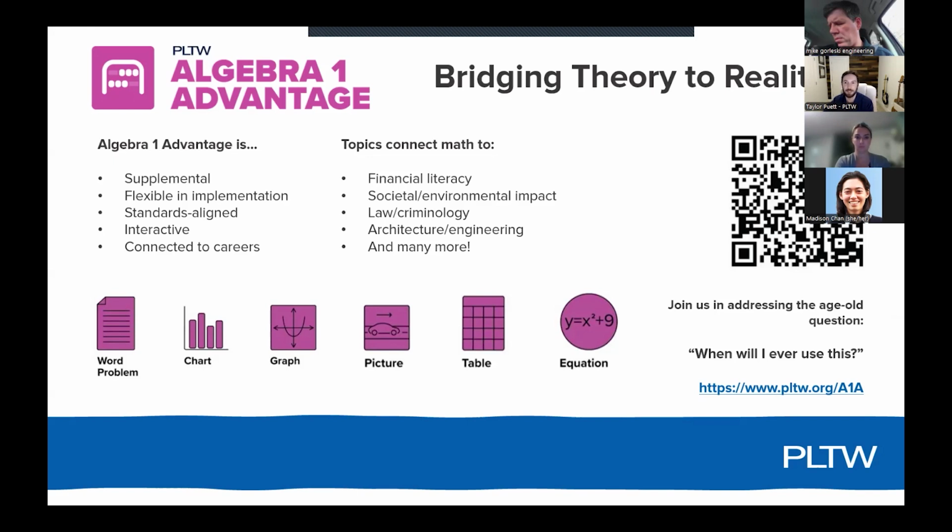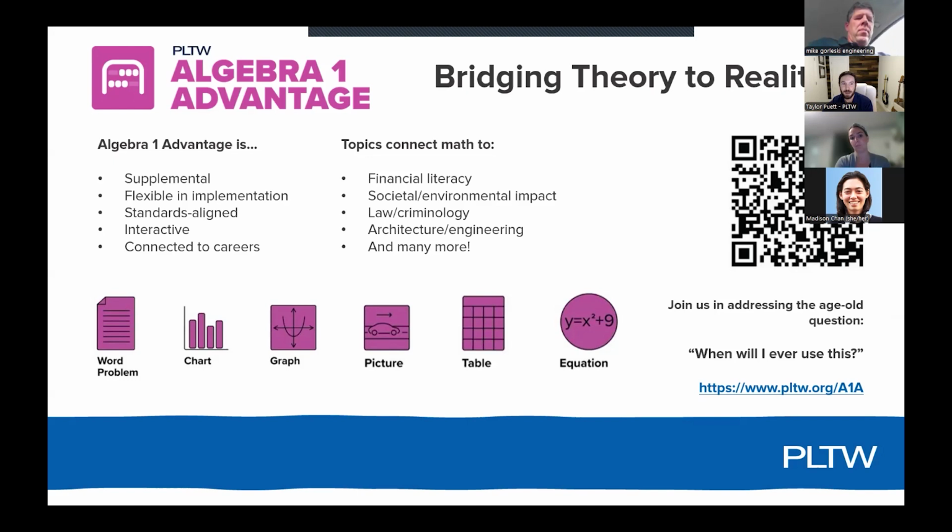So this can easily be used with a core program to help drive up that engagement and interest for your students. Algebra 1 Advantage, or A1A, because PLTW has so many acronyms here, adopts an interactive approach that links algebra to real-world scenarios, effectively answering that common question, when will I ever use this? In fact, I like to say with Algebra 1 Advantage, we're, pun intended, solving for why.